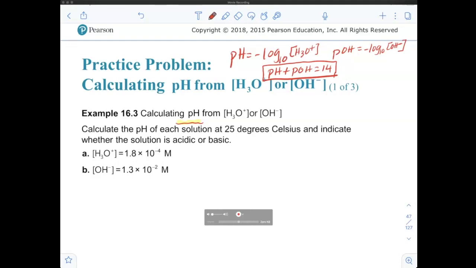And in the past, I've had students struggle here, so I'm going to try this different approach. Okay? Once again, if you have the H3O plus, plug it in this formula to get the pH. If you're given the OH minus, plug it in this formula to get the pOH. From the pOH, you can get the pH. So we're going to be solving it that way.